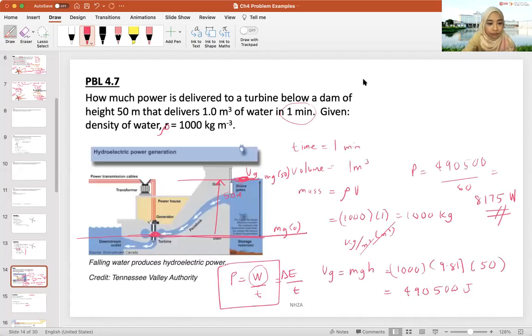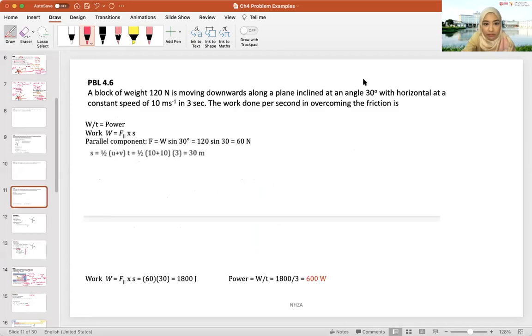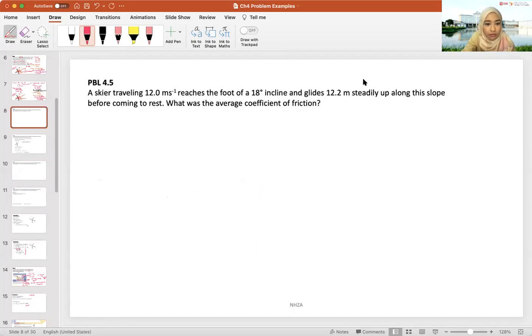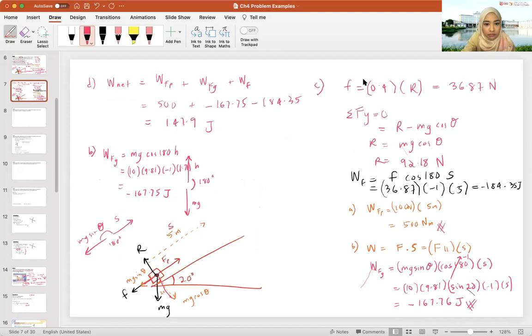Itu sebab dia terbalik ke apa? Sebab dia terbalik. That angle, means, okay, so angle between mg sin theta and x, satu vektor ke sini, satu vektor ke sini, angle between them is 180. Kalau diorang sama direction, then angle between them is kosong kan? Kalau terbalik 180. Oh, kalau dia terbalik kena tulis cos 180 lah.